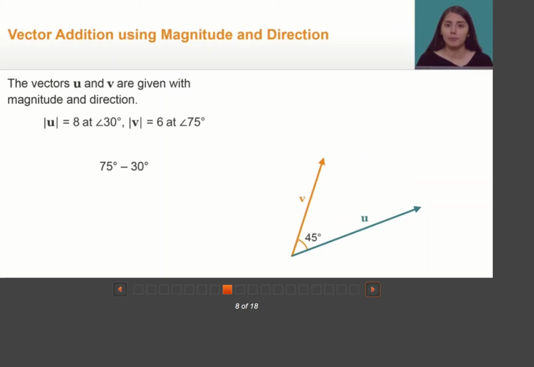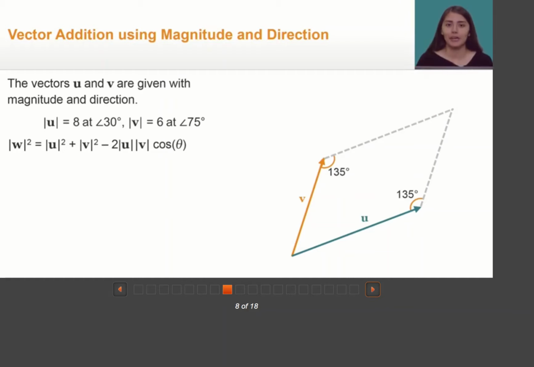We can use the properties of a parallelogram to determine the actual angle between the vectors, theta. The resultant vector, w, is the diagonal of the parallelogram, so we know that theta is 180 minus 45, or 135 degrees.